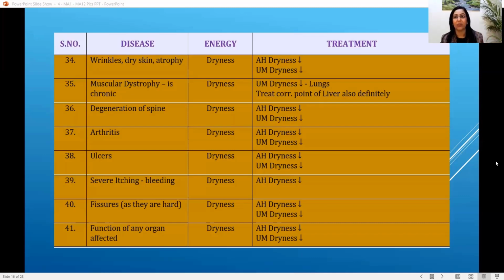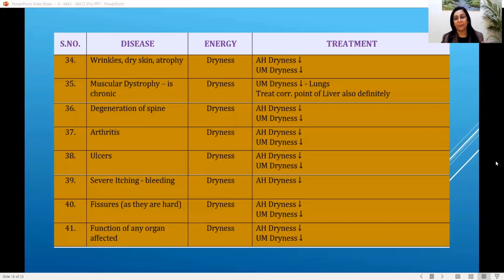If it is in the stomach, put a couple of corresponding points on the stomach, and definitely remember to put the end points for all the meridians. This is mandatory, remember. And I've already told you, if there is severe itching which causes bleeding, then that is dryness energy and it has to be sedated.